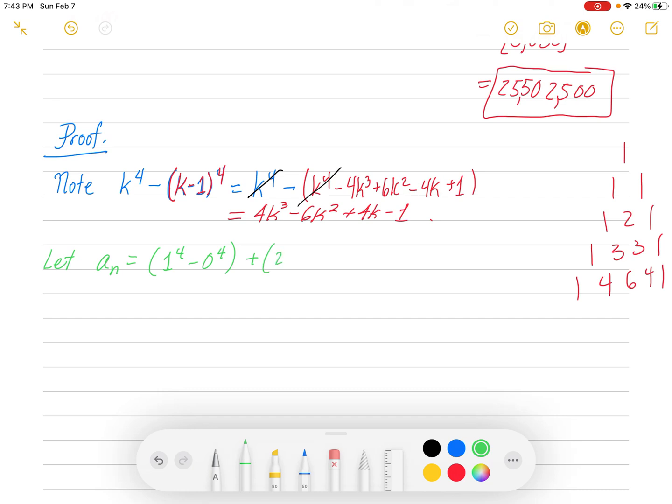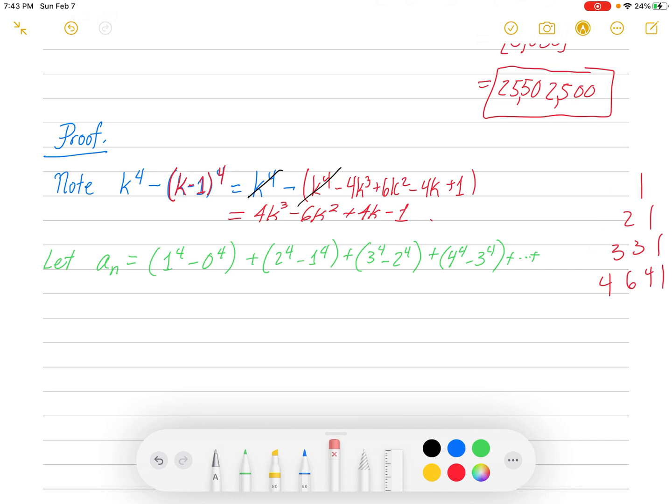I'm going to have 2 to the 4th minus 1 to the 4th. Then I'm going to let k be equal to 3. I'm going to have 3 to the 4th minus 2 to the 4th. And I'm going to let k be 4. I'm going to have 4 to the 4th minus 3 to the 4th. I'm going to keep that going.